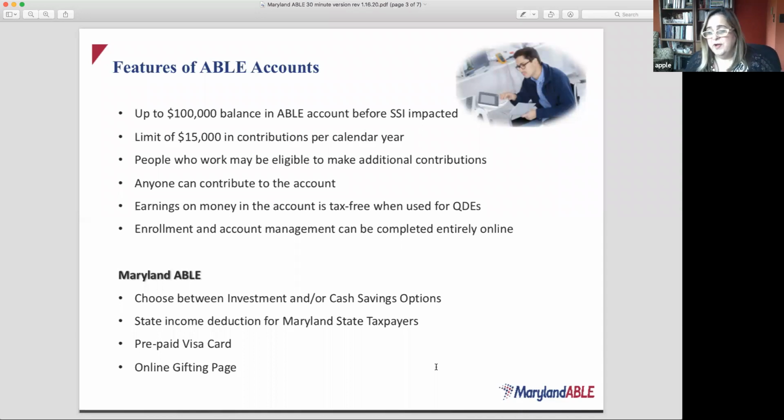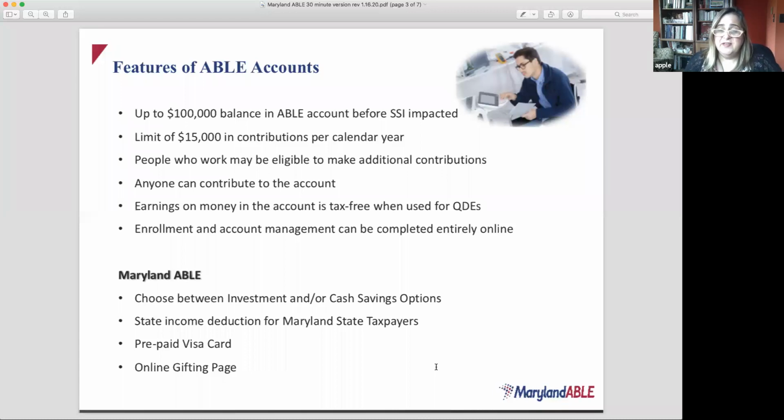In Maryland, we do have a couple of features that not all states offer. The first is that we have an opportunity to keep your money in a cash savings type of account. And then we also have the opportunity to invest the money in the ABLE account.